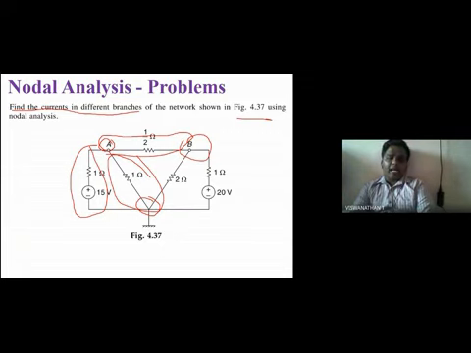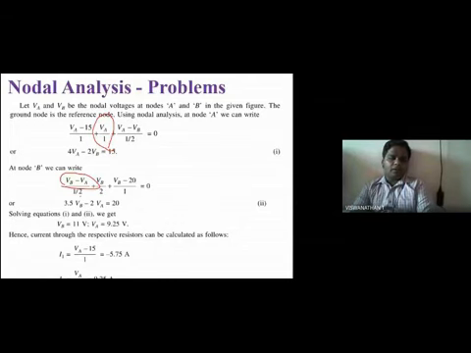Then we need to rewrite this equation as VB minus VA, not VA minus VB, so (VB minus VA) divided by 1 by 2. So this equation is different for both cases. Here we write VA minus VB, here we write VB minus VA.